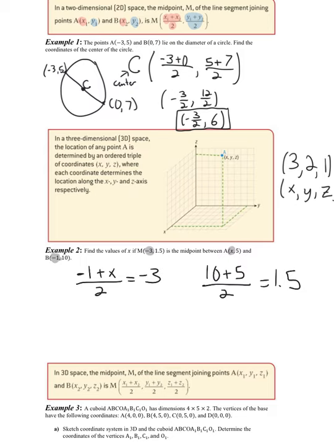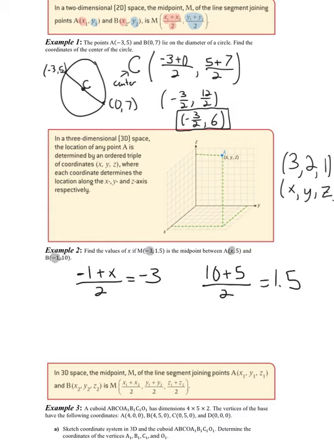Okay, so now, just looking at this, I'm seeing 10 plus 5 divided by 2 should be 7.5, so I want to make sure I didn't type this in incorrectly when I put this problem in our sheet. Okay. So we do this, -1 plus x is -3.